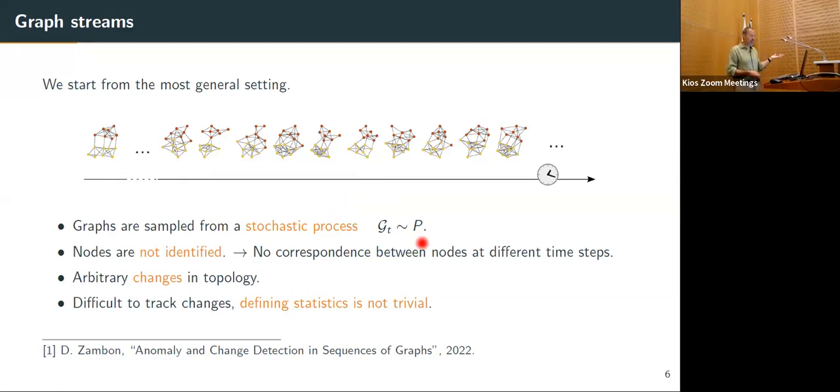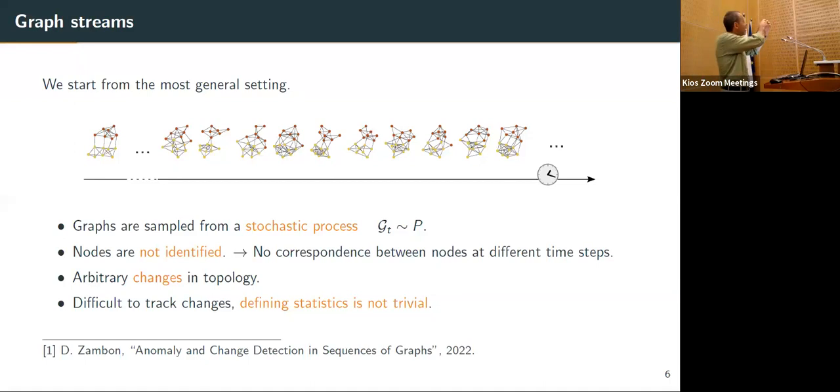So you have a stochastic process, which means that you have time dependency. You have these random variables which are dependent on time, and each of which is generating a graph. Nodes are not identified. This is the most complex case in graph streams, which means that you generate a graph, but when you look at the nodes, they don't have colors.